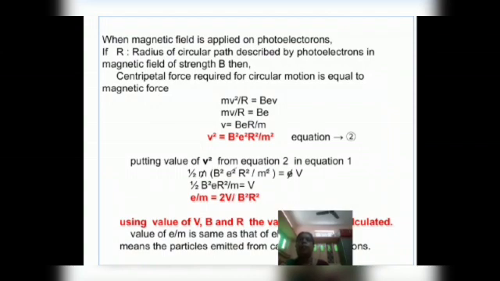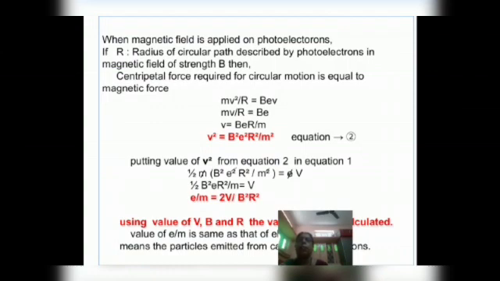And we know that the centripetal force mv square divided by r is equal to Bev. Bev is nothing but the force due to a magnetic field. Therefore, cancelling v on both sides, we get mv divided by r is equal to Be. Using this equation, we can calculate v is equal to BeR divided by small m.